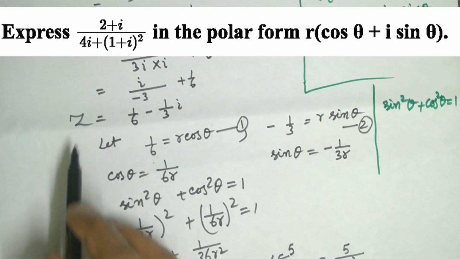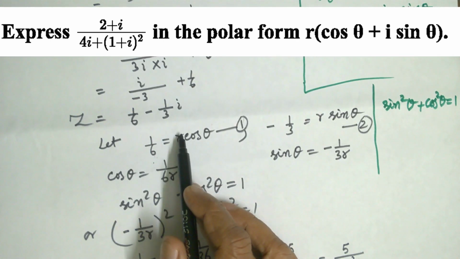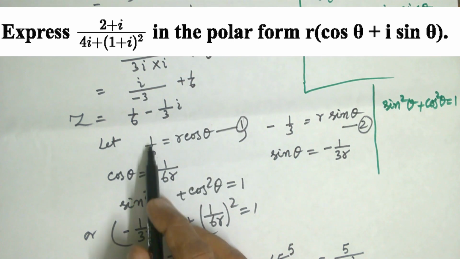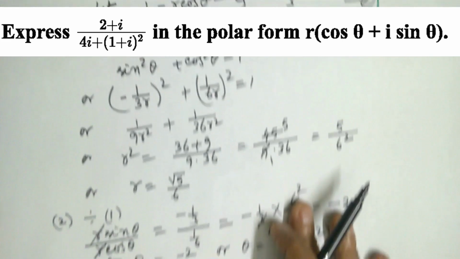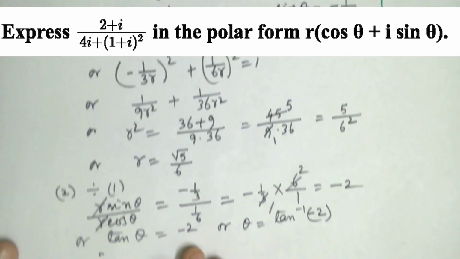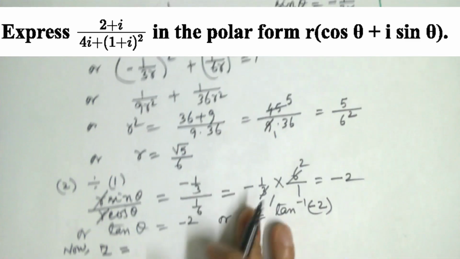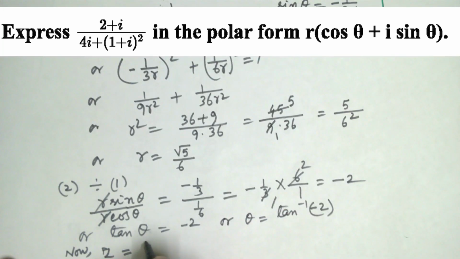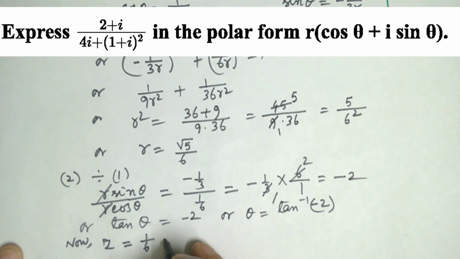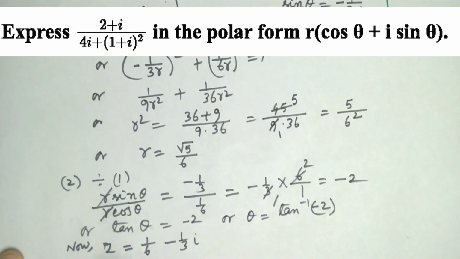Now z is equal to, after putting the values, 1 by 6 minus 1/3 i.